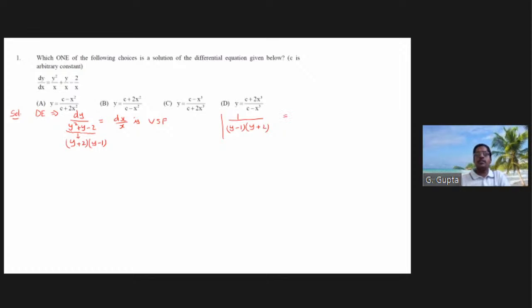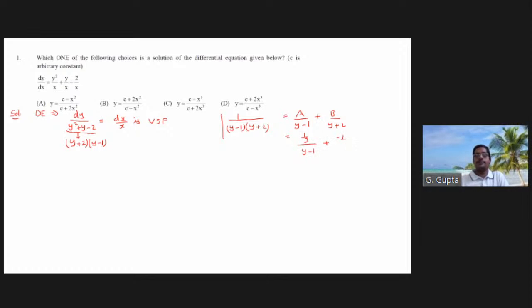So accordingly, the partial fractions is a by y minus 1 plus b by y plus 2. After taking LCM on the right side, cancelling both denominators and comparing the like terms, you will be getting A and B. So here the A value is 1 by 3 and the B value is minus 1 by 3.